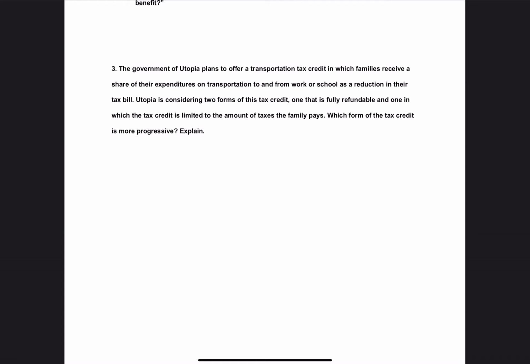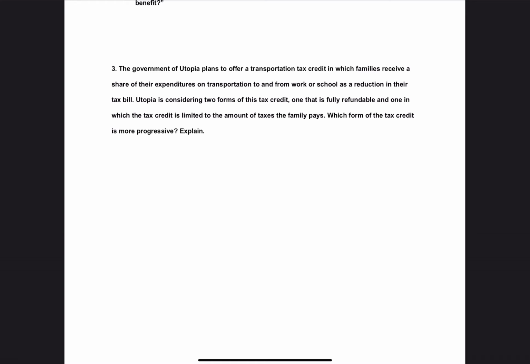So the two forms of the tax credit are one where, independent of how many taxes you paid, you can get an exemption equal to the amount of expenditures that you had on transportation to and from work or school, independent of how much taxes you actually paid. So it's not restricted. There is no upper boundary.